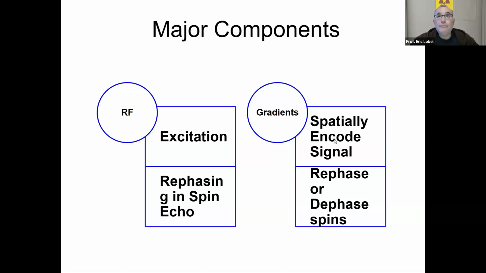And some sequences use the gradients to rephase, which is what happens in gradient sequences. And other sequences, basically the spin echo sequences, use another burst of RF to rephase. So either you're going to rephase with a 180, or you're not going to have a 180 and you're going to rephase with a gradient.